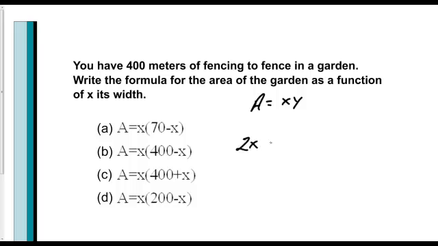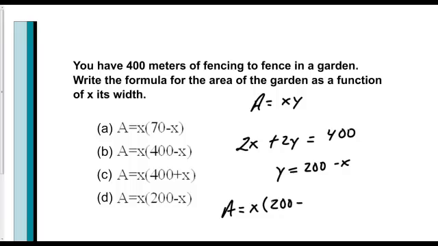So the perimeter will be 2x plus 2y is equal to 400. And if we solve this for y, because we need to express it in terms of x, we solve and simplify, we end up with 200 minus x. So we go back to our original area formula, and in place of y we substitute 200 minus x, and we'll see that our answer choice here will be D.